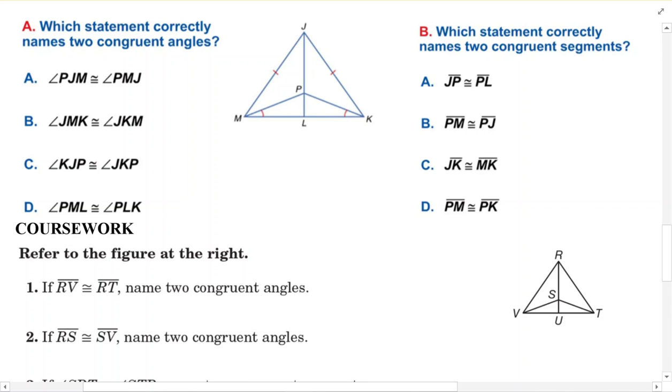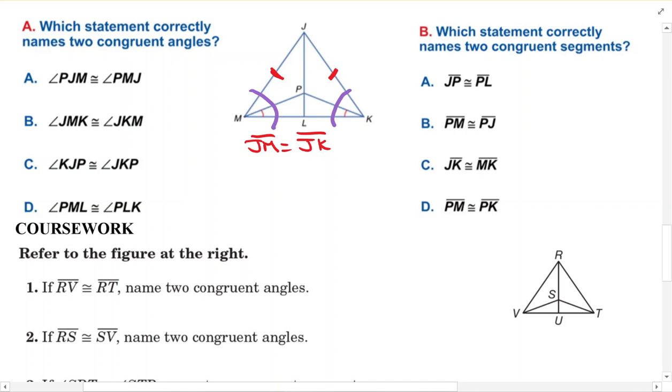In the next one, which statement correctly names 2 congruent angles? So what I'm looking at in this picture is that JM is congruent to JK. So I'm looking at the big triangle. So that tells me that this angle here has to be congruent to this angle here by the isosceles triangle theorem.